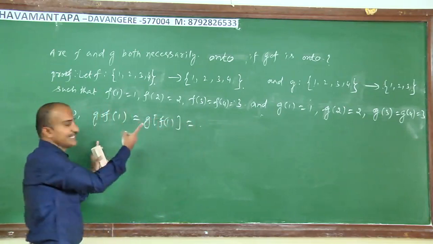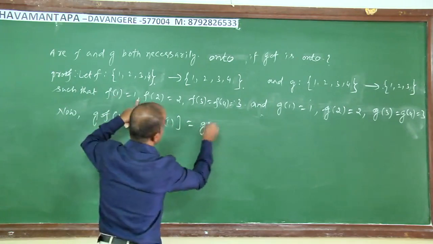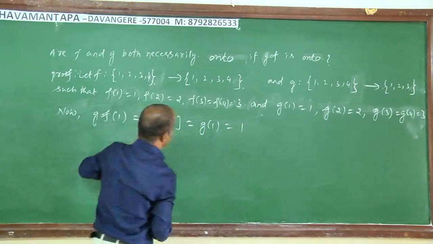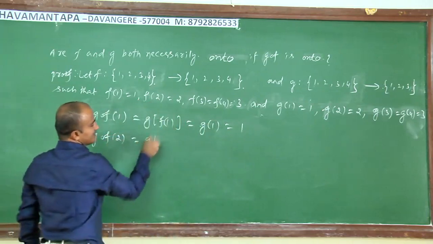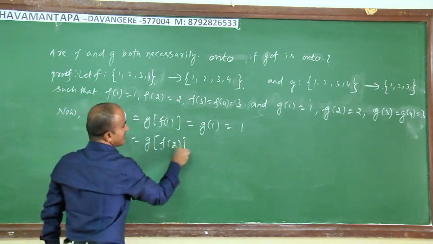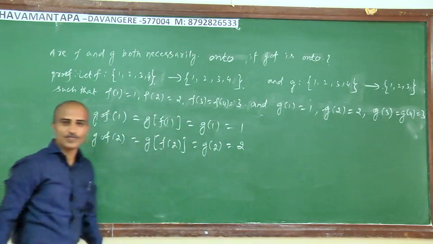g of f of 1 is g of 1, that will be 1. Now find g of f of 2, where f of 2 is 2, so g of 2 is 2.